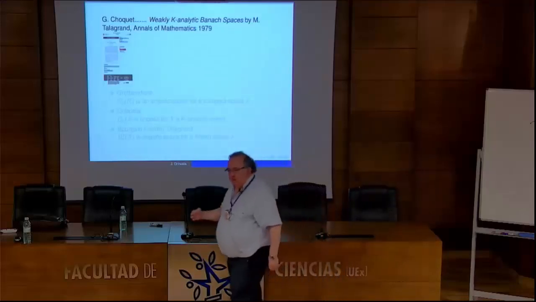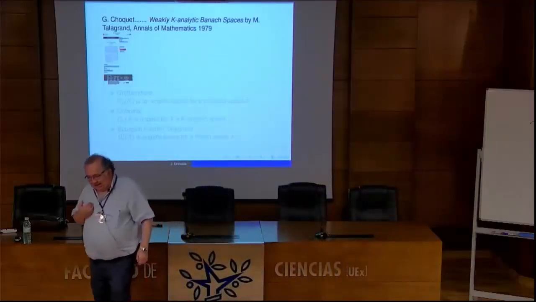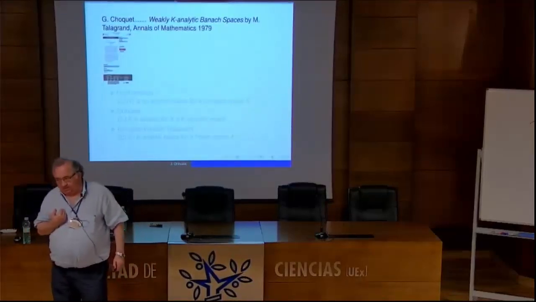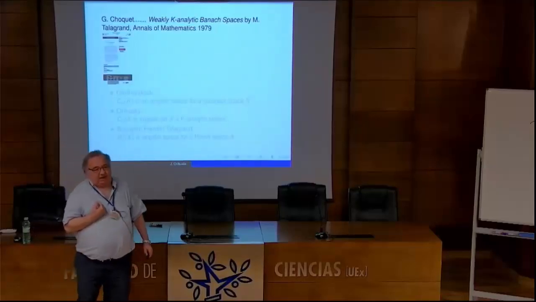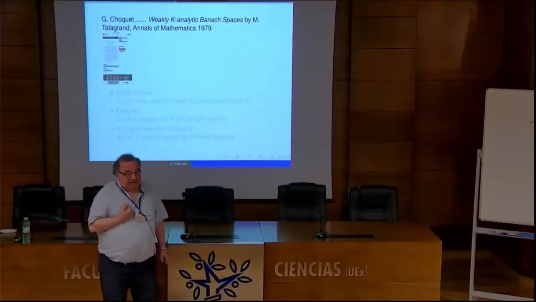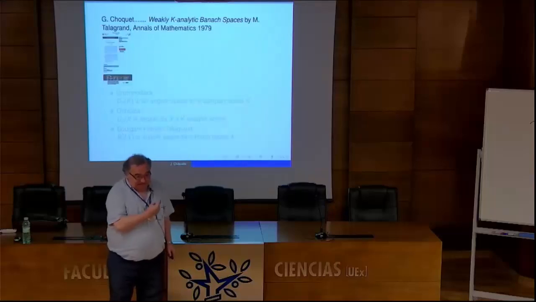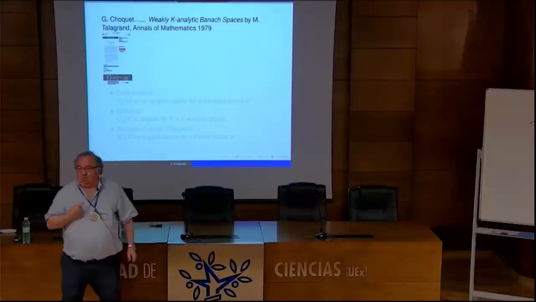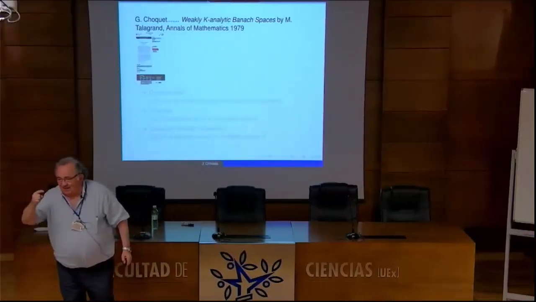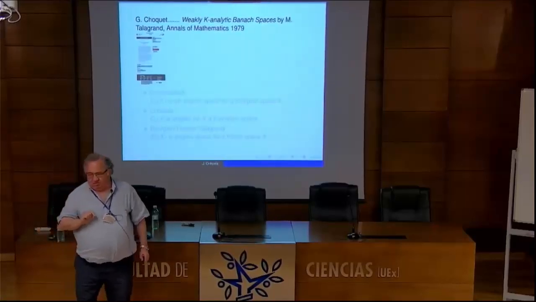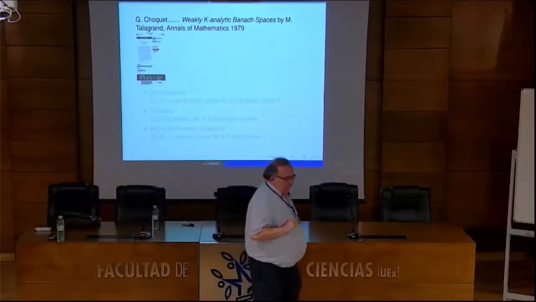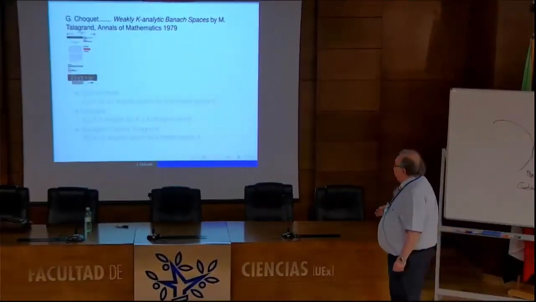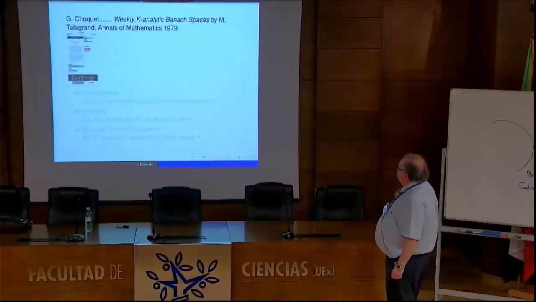I've been talking with mathematicians that have been criticizing the paper and the figure. But the people who criticize this do not have any Annals paper. Weakly K-analytic Banach spaces, Annals of Mathematics, 1999.